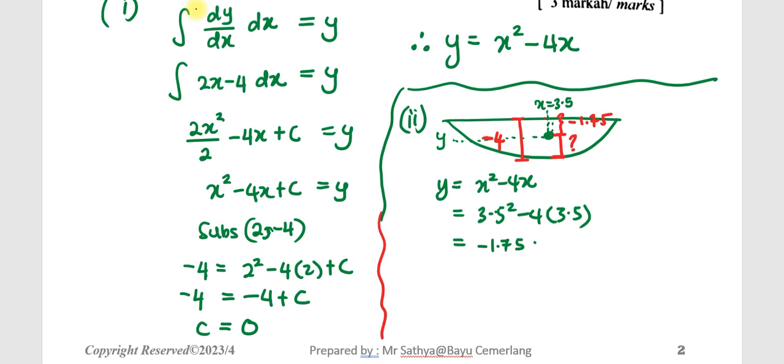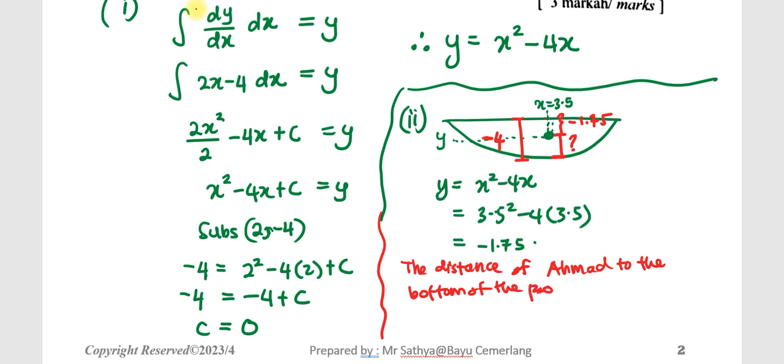So the distance of Ahmad to the bottom of the pool, we calculate: the total is negative 4, you minus the negative 1.75.